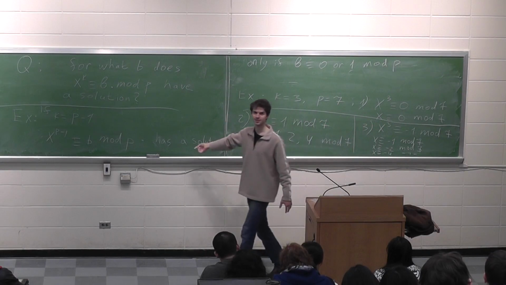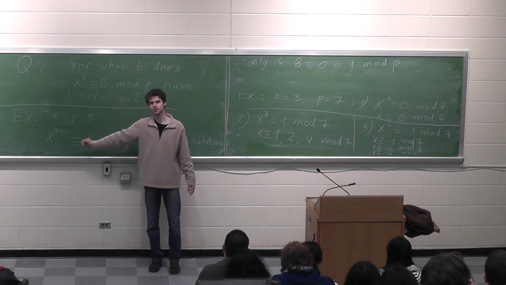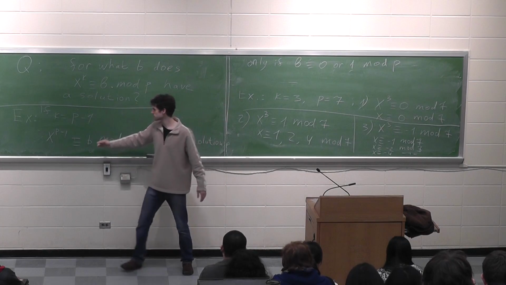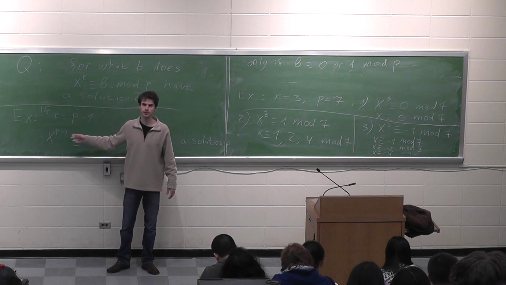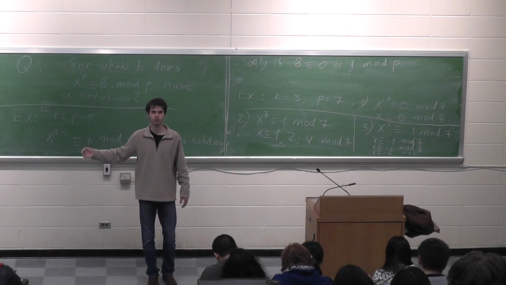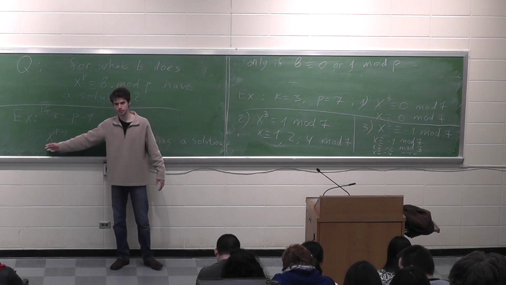Let me explain. If b is equal to 0, of course 0 is a solution. Otherwise, take any non-zero number x and raise it to the power p minus 1. By Fermat's little theorem, you get 1. So if b is equal to 1, we do have some solution.